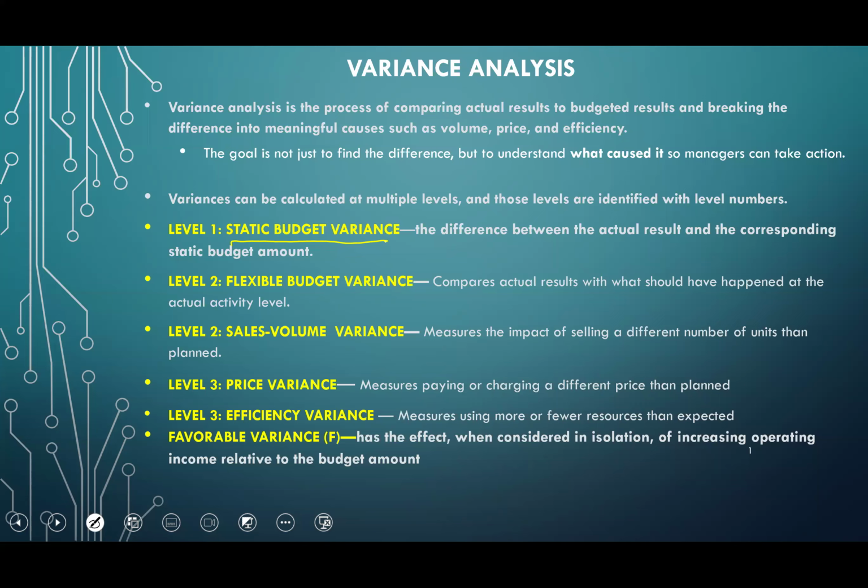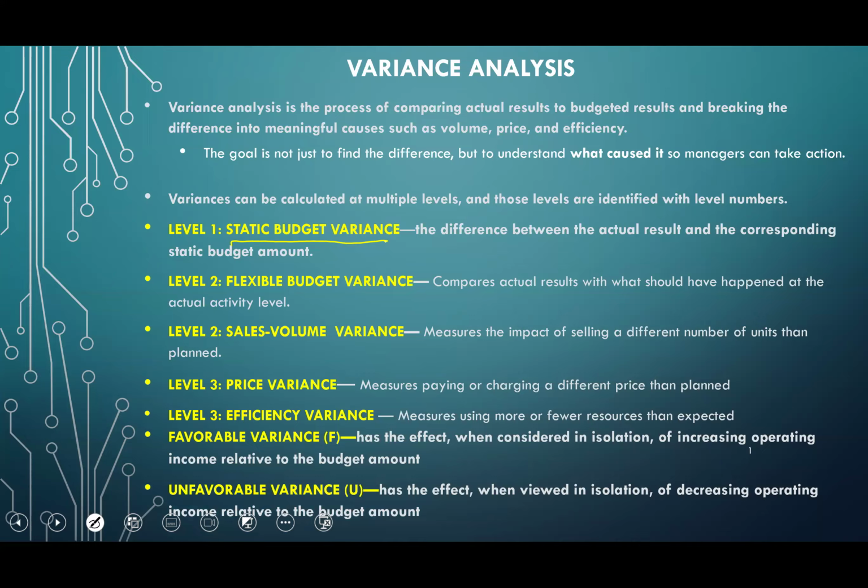No. Favorable variance simply means a pleasant surprise, meaning my actual income was higher than what I expected. Unfavorable means a rude shock, meaning my income is lower than what I was expecting. When we calculate the variances, we will continuously talk about the favorable and unfavorable sign.